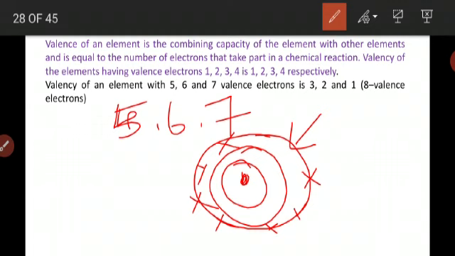You are not considering 7. It is 8 minus 7. This is the octet rule. The octet rule means the outermost shell has 8 electrons. This is the stable one also.